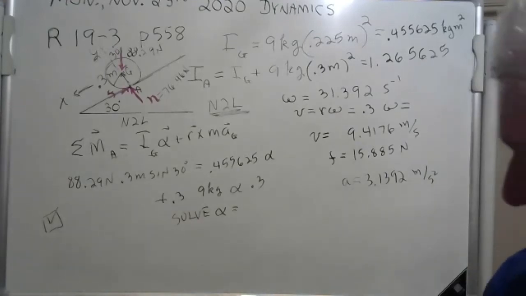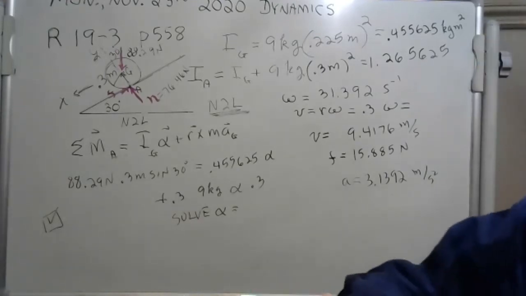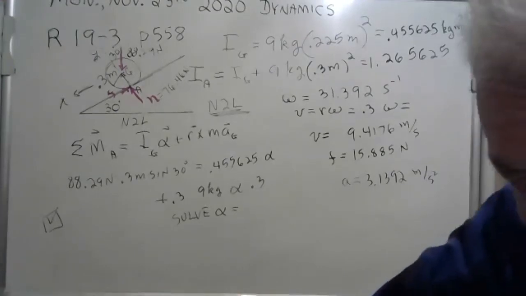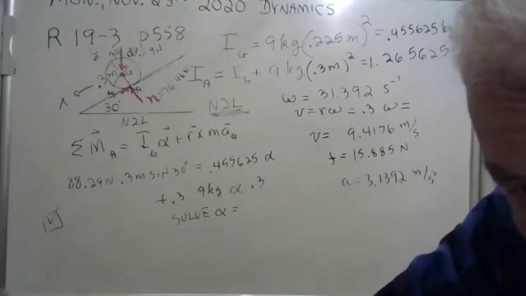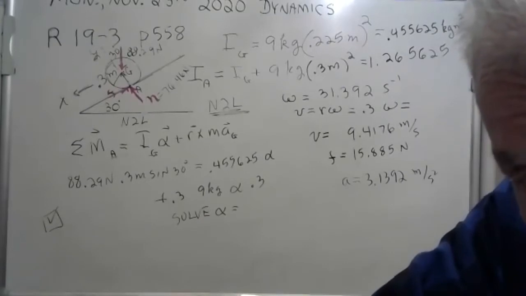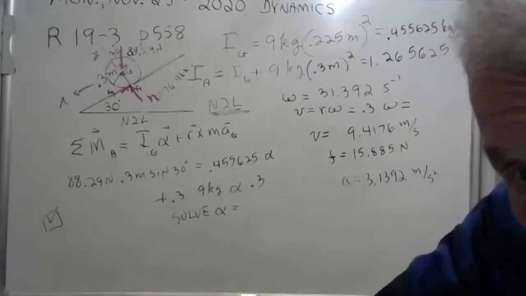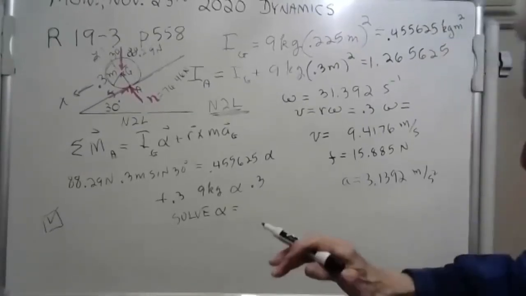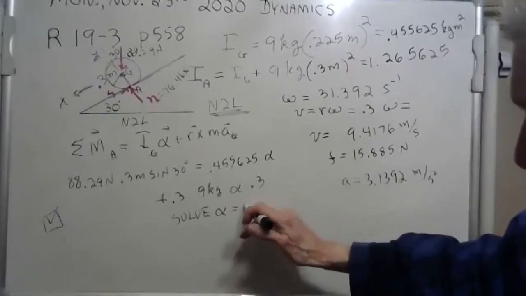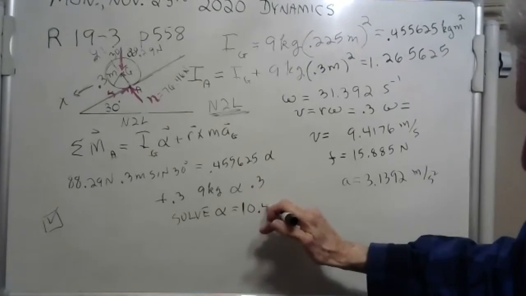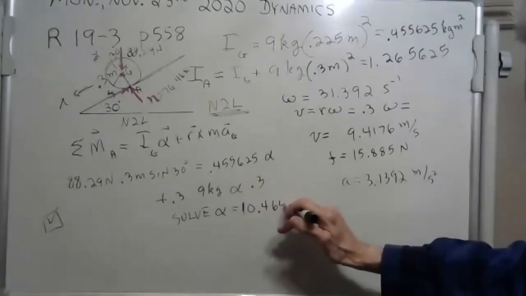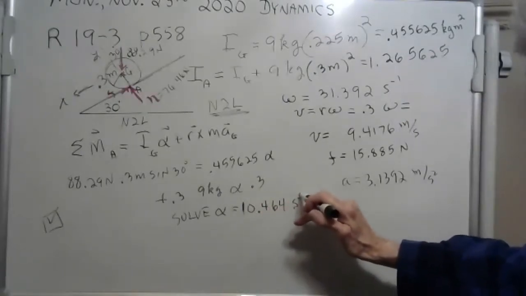Well, I got a value for alpha. I wonder if I did this right. Let me ask somebody here. And I picked on just about everybody today. Here, I'll tell you what I got. I got 10.464 radians per second squared.